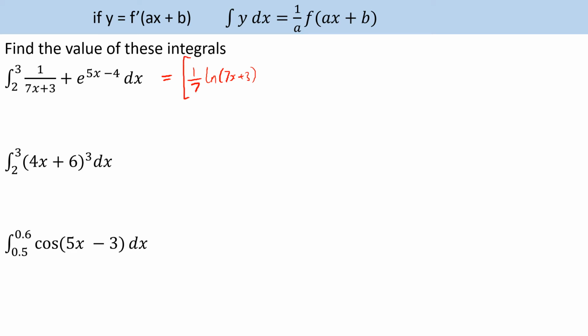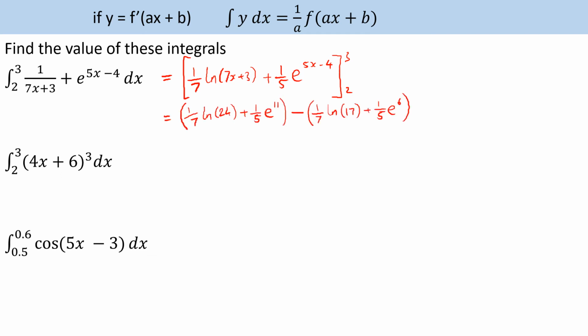What about the second one? We've got e to the 5x minus 4. Well, we know e doesn't change, so that's still going to be e to the 5x minus 4 times our 1 over a, or divided by a. Definite integral, so no plus c required, and then we just need to sub in our limits, which I'm going to do while paused.